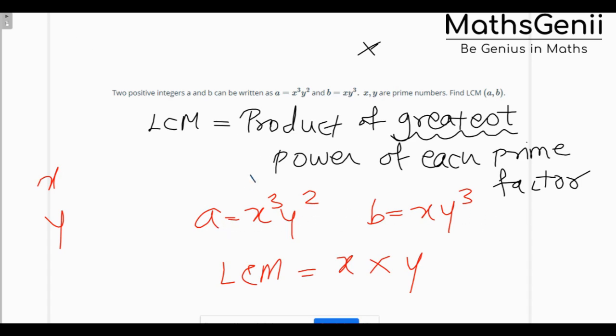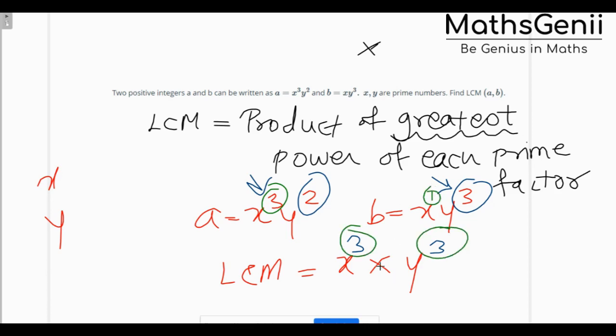What is the highest degree of x? X highest degree is cube. What is the highest degree of y? 3 is the highest degree. Will I choose 2 or 3 for y? I'll choose 3 because 3 is greater. For x, will I choose 3 or 1? I'll choose 3. So the product of the highest factors is LCM. One step answer. Understood what is LCM?